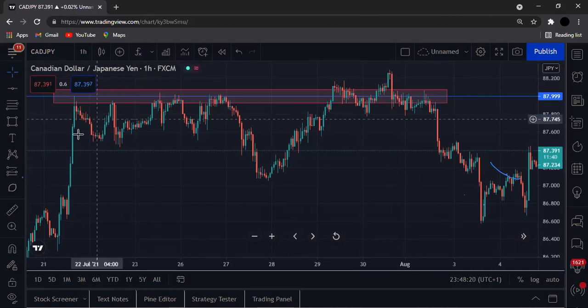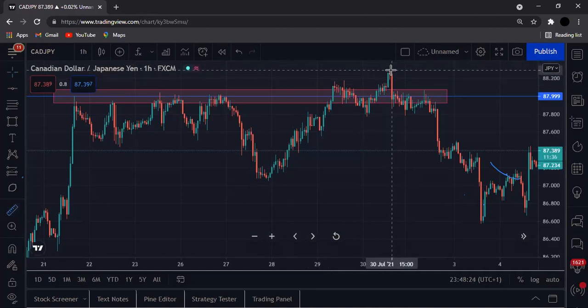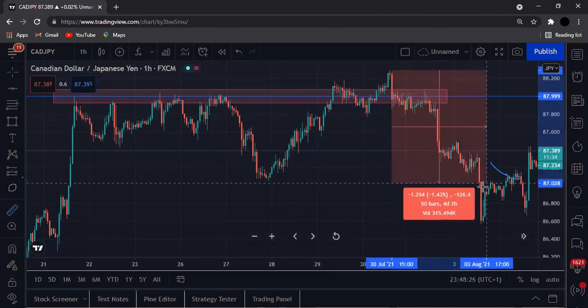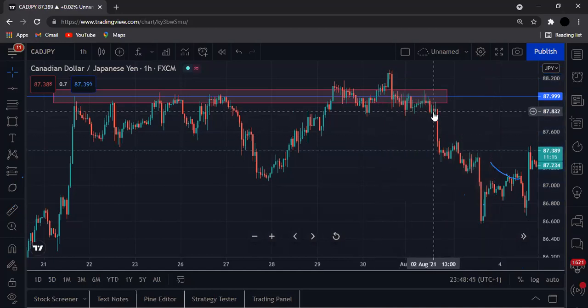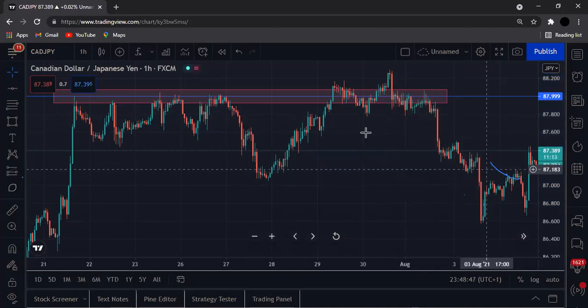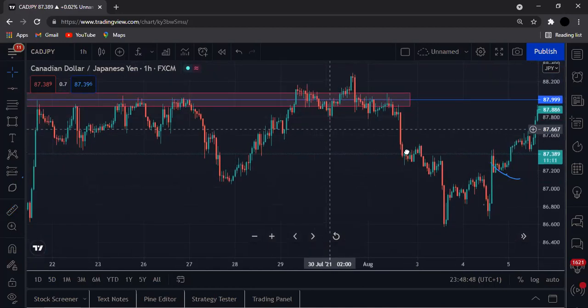Let me calculate the pips from here down until here. 171 pips. If you are on 0.1 lot size, that would be $171. If you're on one lot size, that would be $1,701. So you get the concept of resistance now.